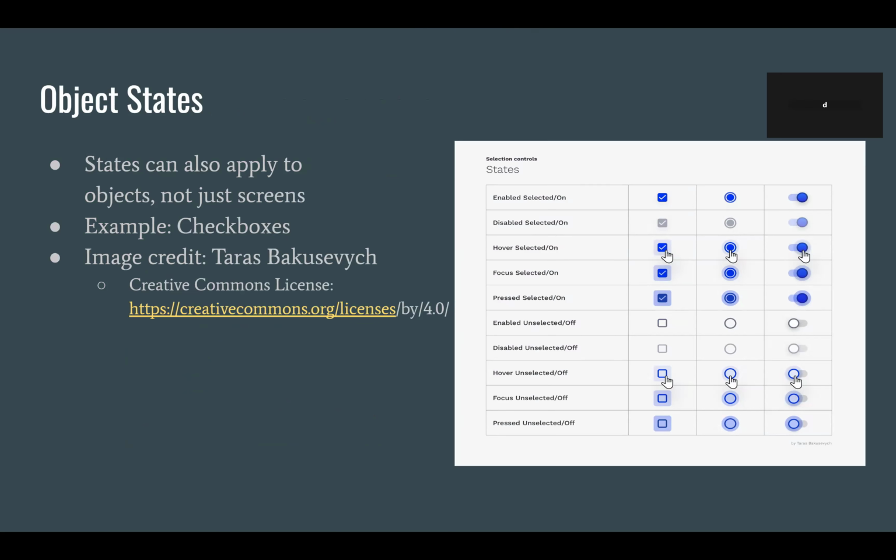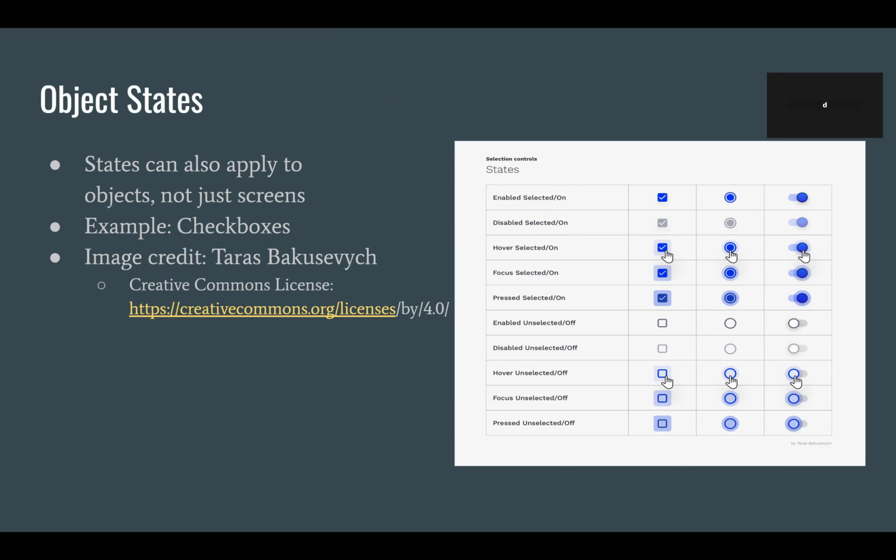But in addition to screens, you can also have states that apply to different objects in your game or your application, right? So here I have an example. This is just an image that I got. I included the image creator and a link to the Creative Commons license, to give credit to the creator.